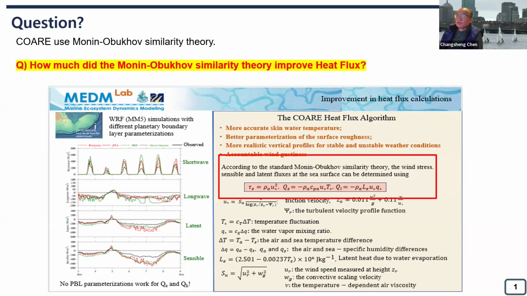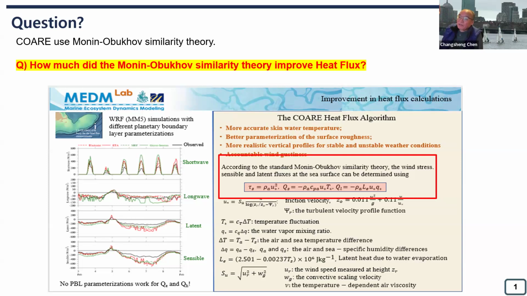Most heat budget calculations before used 10-meter high wind from a weather model, which converts everything to 10-meter height. You look at the wind equation, 10-meter wind speed times CD, right?